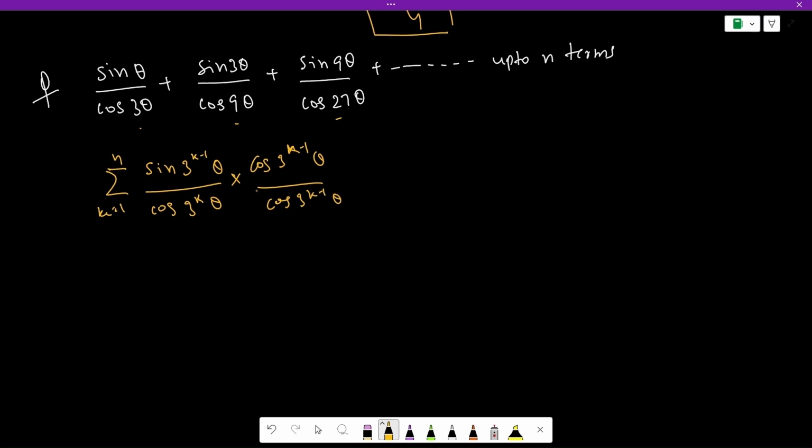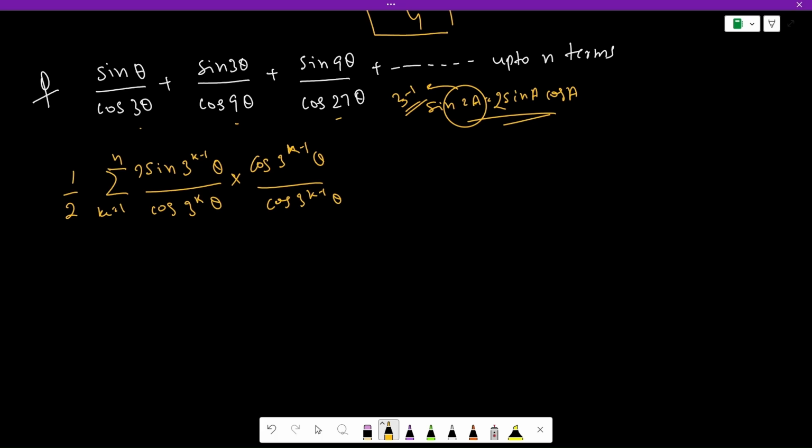Now why I did this is, I want to use sine 2a is equal to 2 sine a cos a. I want to create this 2 so that I will write this 2 as 3 minus 1. Right, now as you practice you will be able to see these things. So now I need to multiply it and divide by 2.